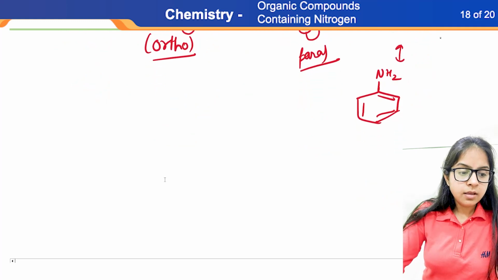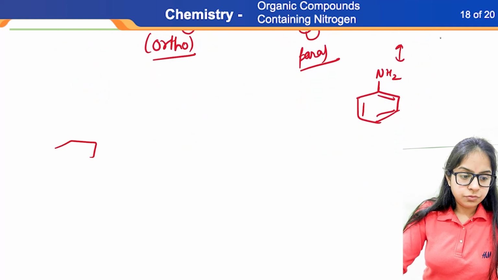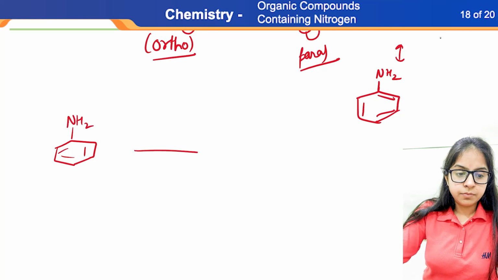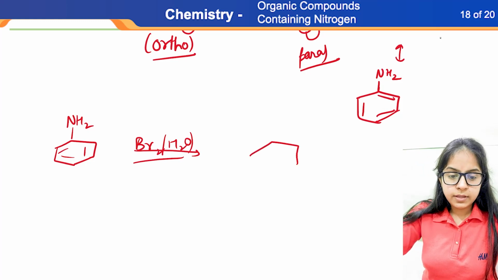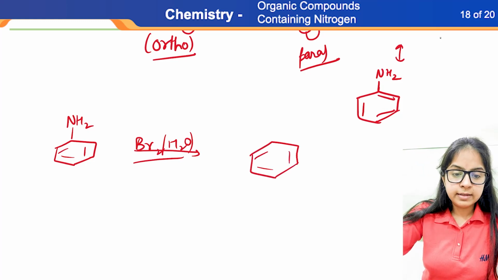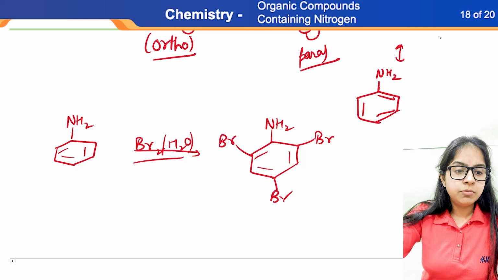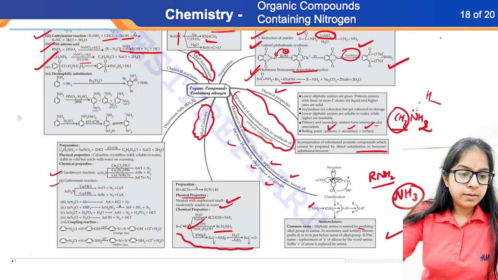Okay, so if I have NH2 on this, Br2 H2O, Br2 H2O. The electrophile we have is Br positive, and in the case of this, you will get NH2 with Br at three positions. Okay, so this is tribromide. This is the formula of tribromide.